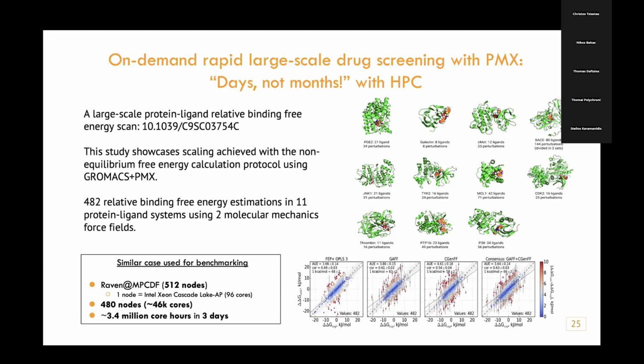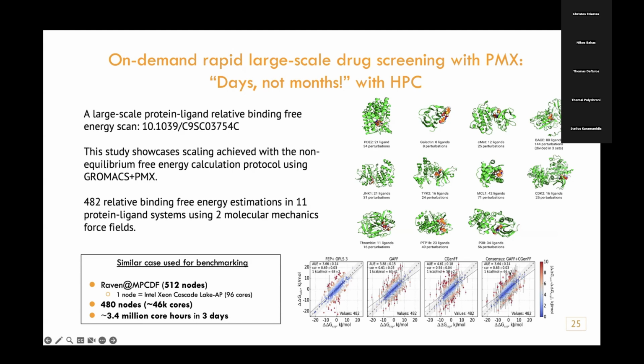We ran several hundreds of free energy estimations for a number of systems. And well, this type of calculation is inherently embarrassingly parallel, so you could very easily parallelize it over many nodes.